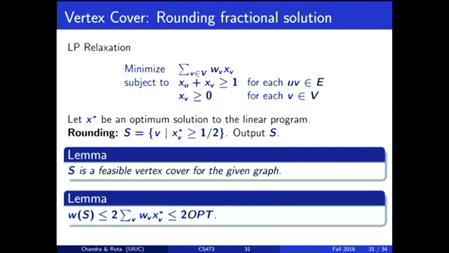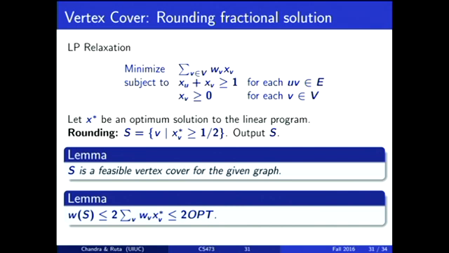When did I pick a vertex? Only if in the fractional solution it was at least half, right? But the LP in the fractional solution paid at least half the weight of the vertex. Remember, the objective value is the sum of w_v x star v, right? So I'm only picking vertices which have x star v at least half. So maybe LP paid half, I am paying 1, right?